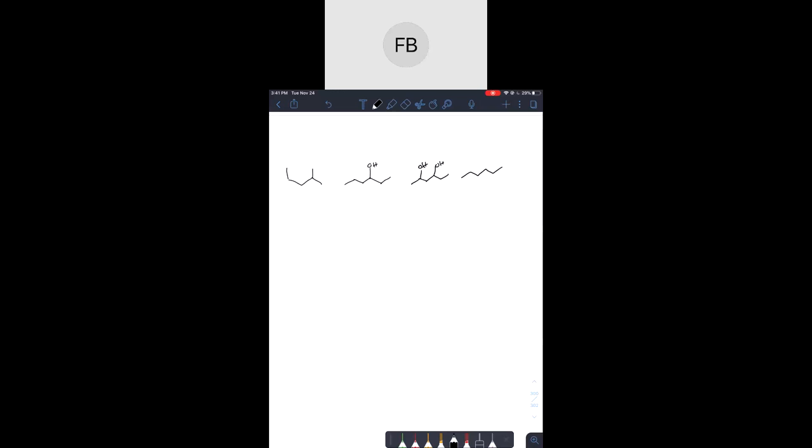So if we label these A, B, C, and D, and list them from high to low, A would come in at the lowest boiling point because the more branches, the lower the boiling point. This one is very branched. This one is unbranched, so that would be D right here.